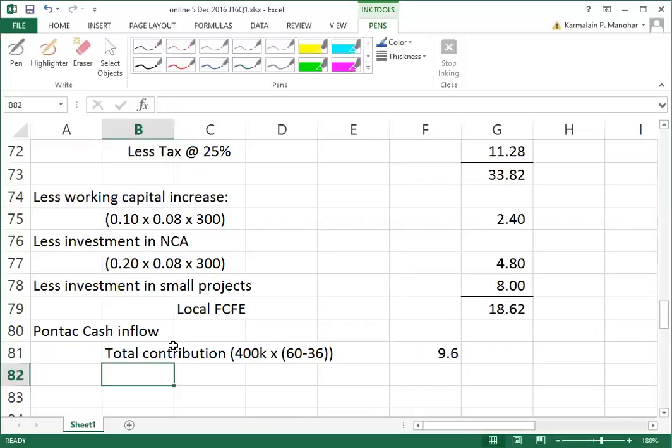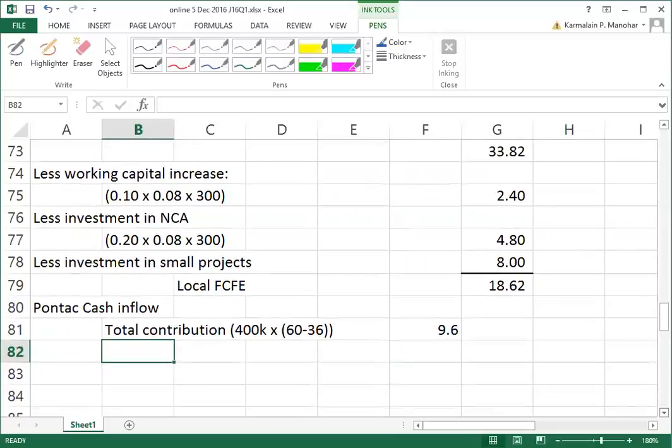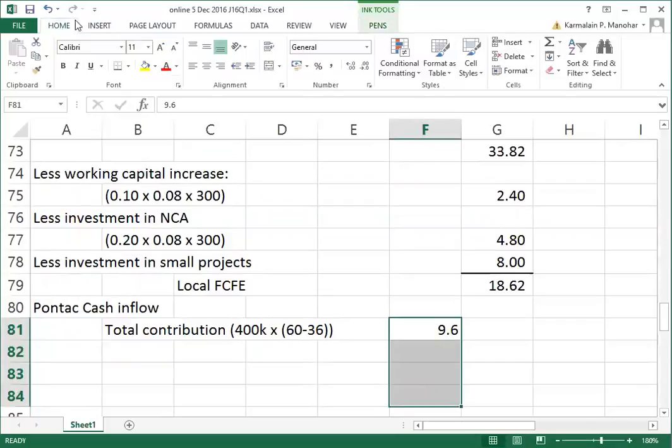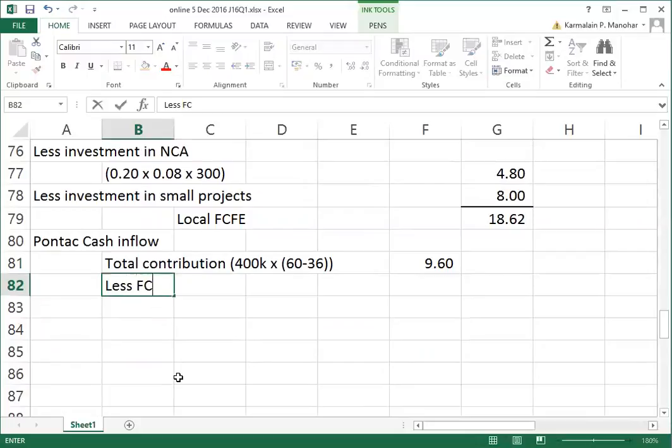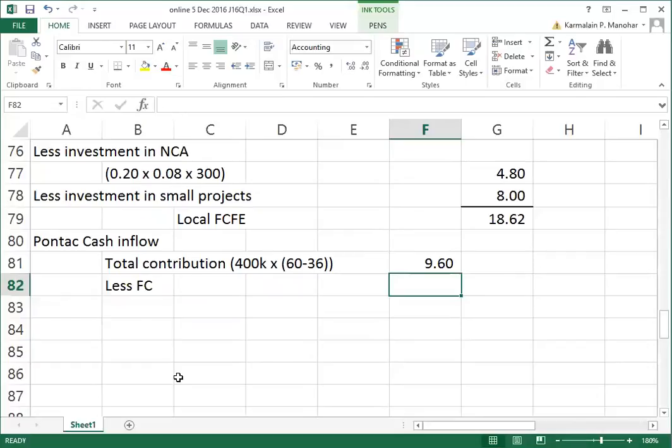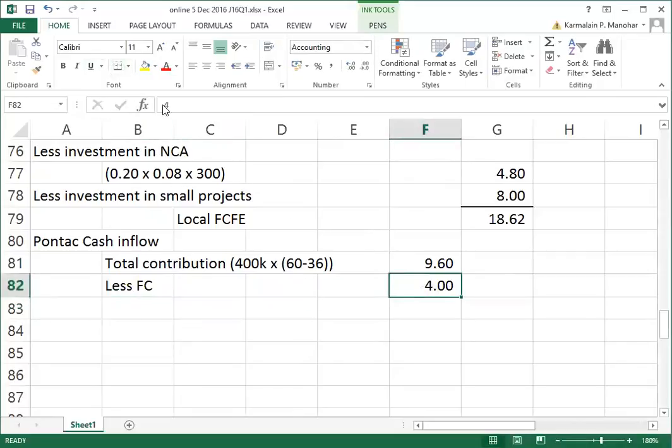Let's get some more working values going here, at my same 2 decimals. Right. So total contribution less fixed costs. How much million? $4 million. Good. And again, drawing a double line and subtracting 5.6.